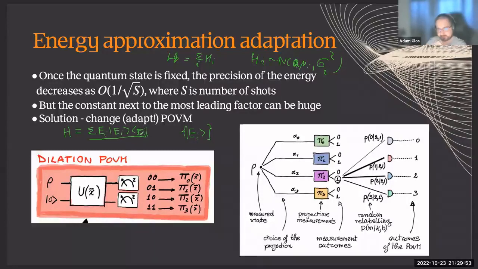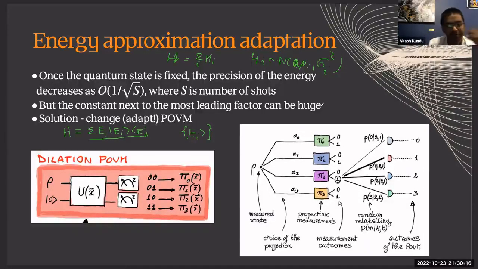Another thing is that measurement in this basis may be very complicated. The fact that we have a very simple, in big quotes, projective measurement doesn't immediately mean that it is simple to implement. Right.